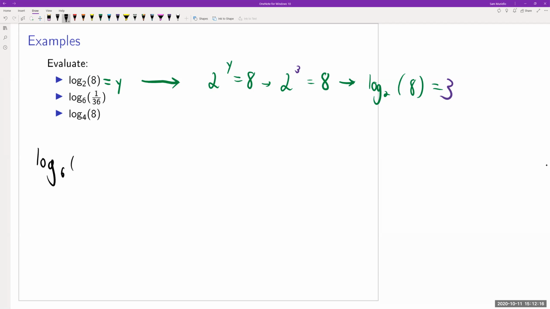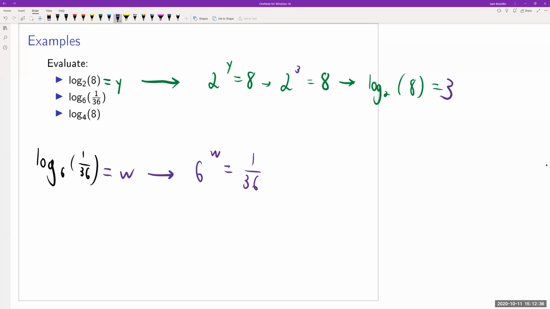If I have log base 6 of 1 over 36, we'll again set that equal to a variable. Doesn't matter what variable, I'm going to pick a different one just for the sake of example. Here we will have 6 to the power of w is equal to 1 over 36. Now I know 6 squared would be 36.